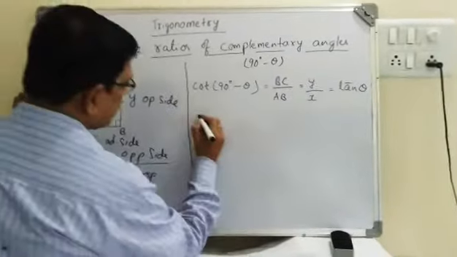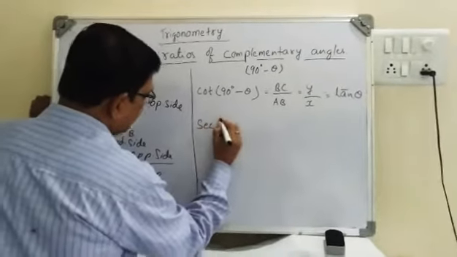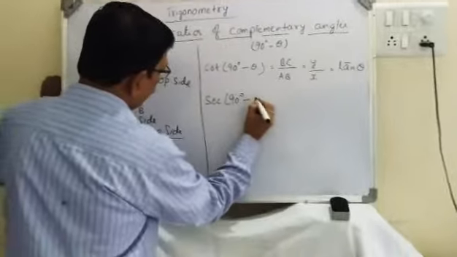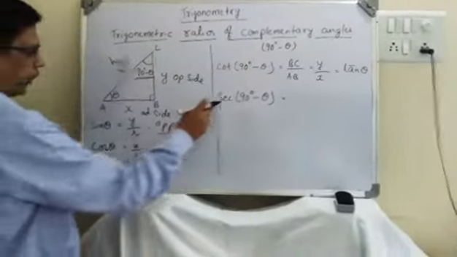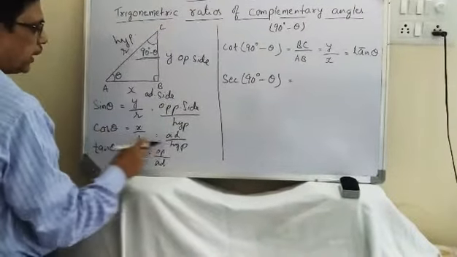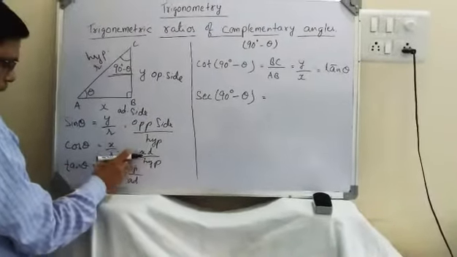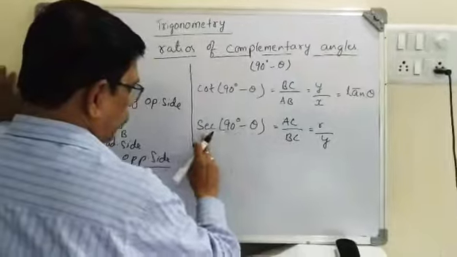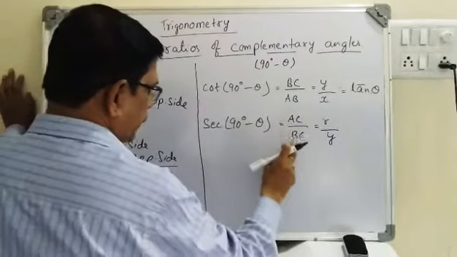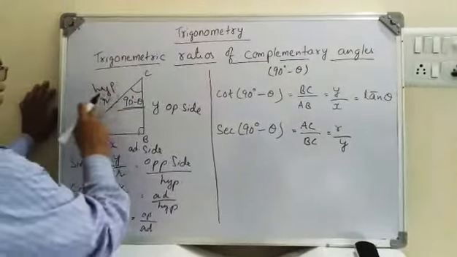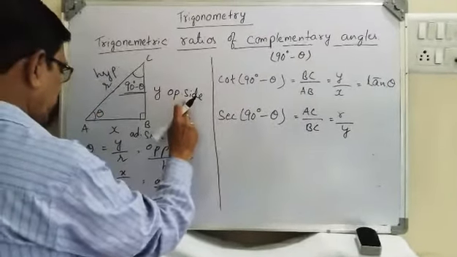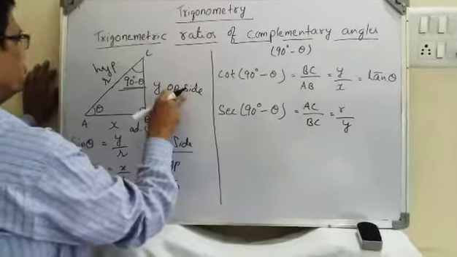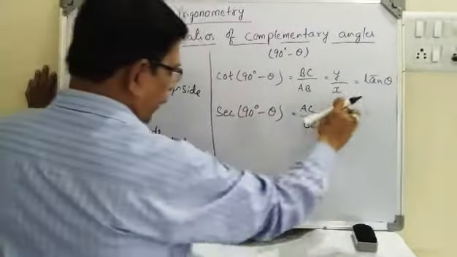Similarly, we take secant 90 minus theta. Secant, as I already told you, is the reciprocal of cos, that is hypotenuse by adjacent side. Now secant 90 minus theta is AC by BC. Here AC is the hypotenuse and BC is the opposite side here. So we got r by y.